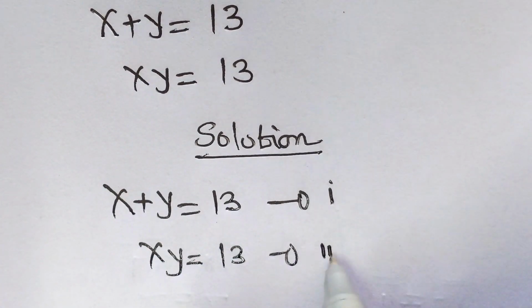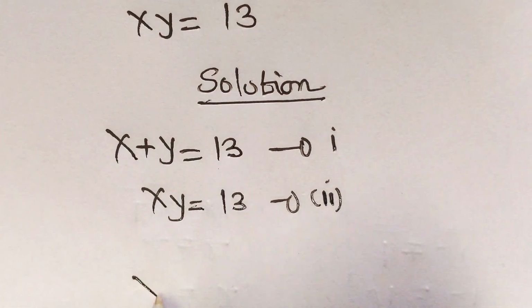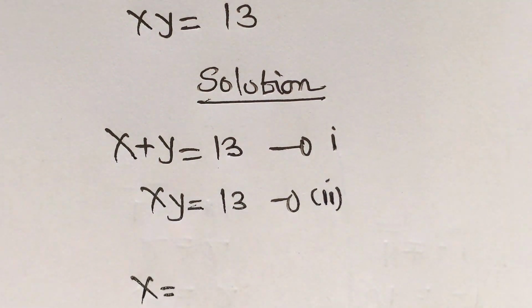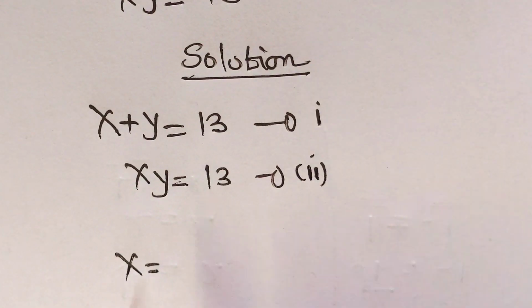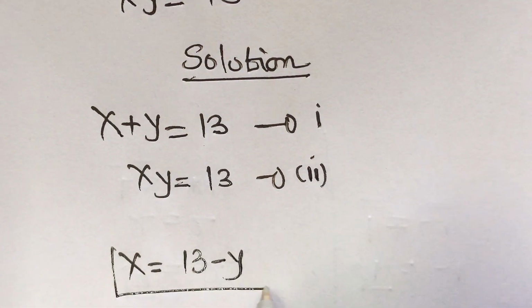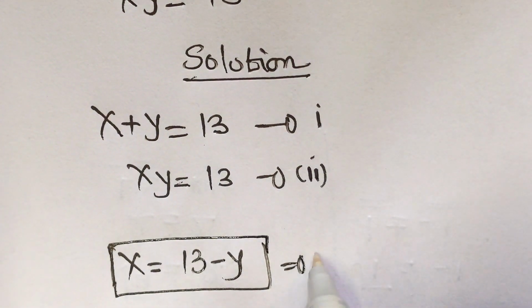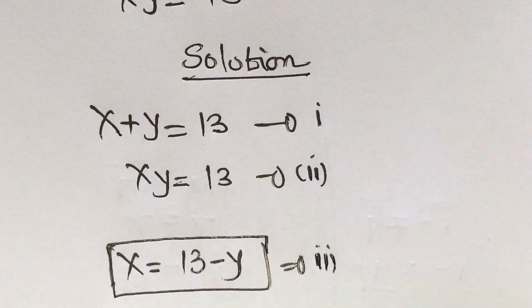Here, of course, we have to find x only, the value of x in terms of y, where x will be 13 minus y. This is the value of x we have right here, and we shall say this is equation 3.